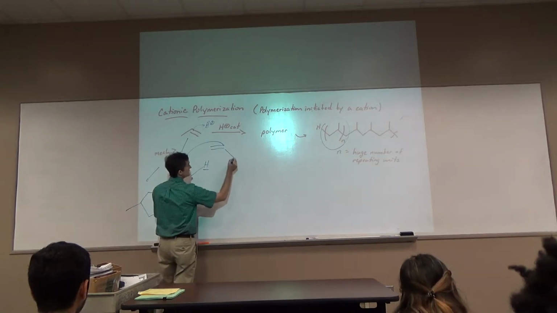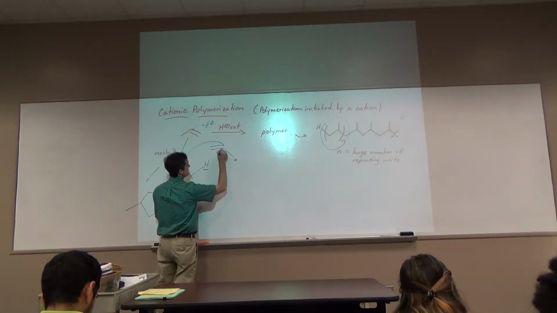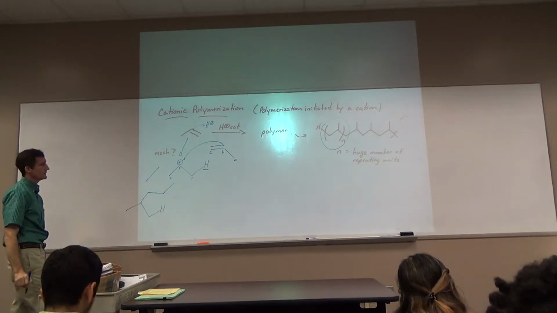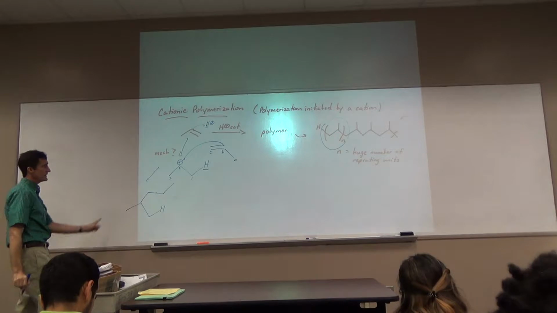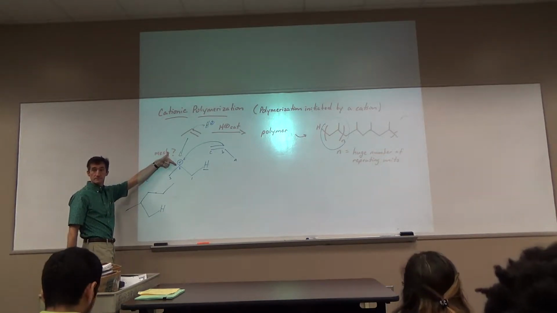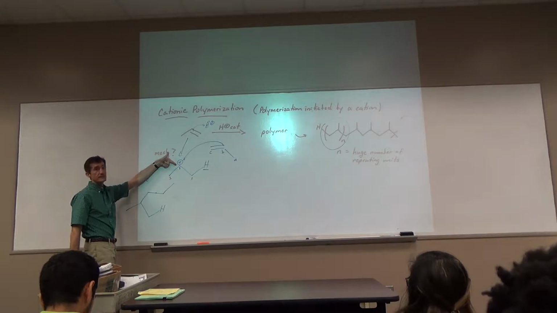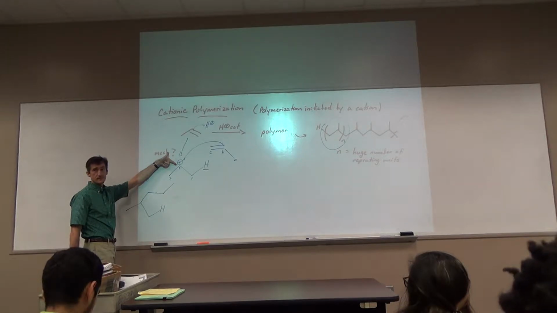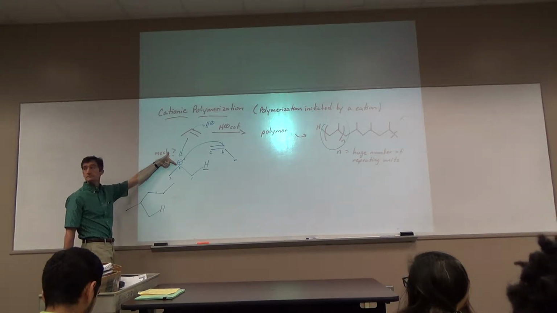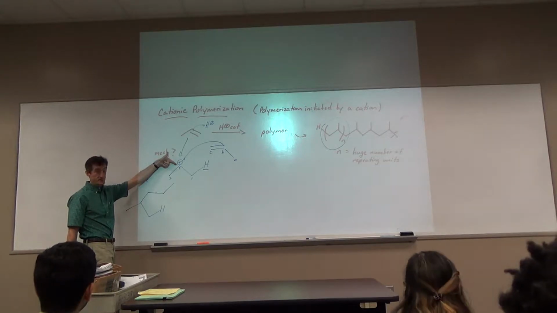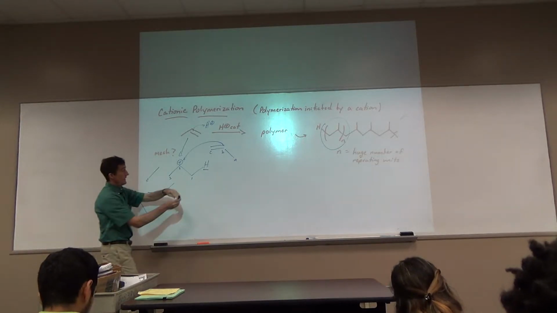If we label this A, B, and C, it may get a little bit confusing. Which carbon is it bonding to 2? You've got to see this. Which carbon is bonding to 2? That should be easy. Isn't it B? C. Yes, C. Here's the pi bond.